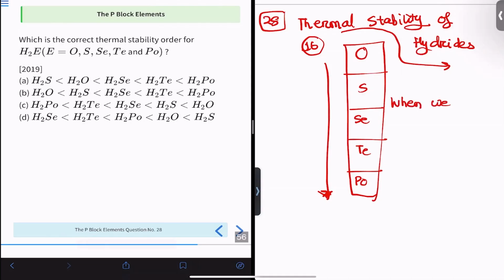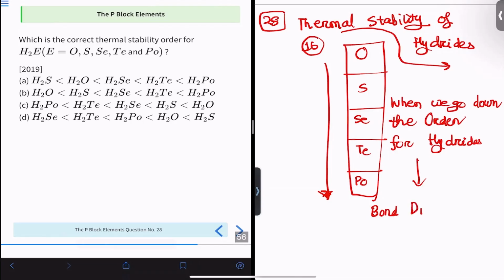When we go down the order for hydrides, the bond dissociation enthalpy decreases.